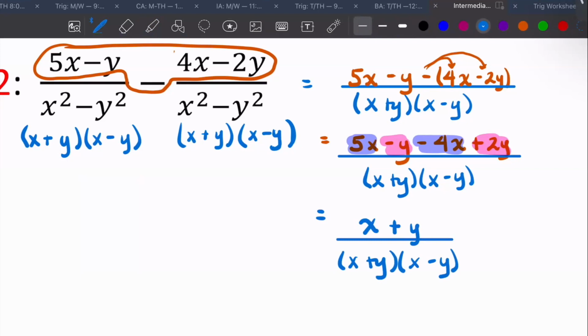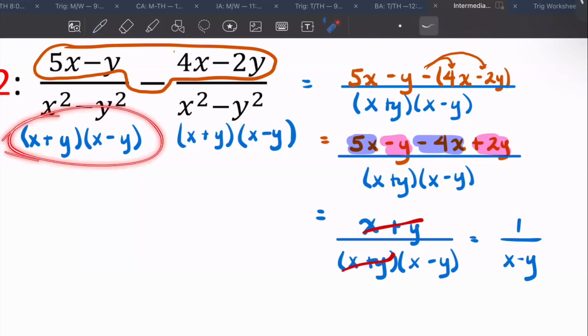Then we have x plus y over x plus y, which is 1. So we can cross those out. So our answer is 1 over x minus y. Okay, so that's why at the beginning we factor everything, because we want this to be all the way simplified, right? And if we would have never changed this to this, we would have never been able to cross out, okay?